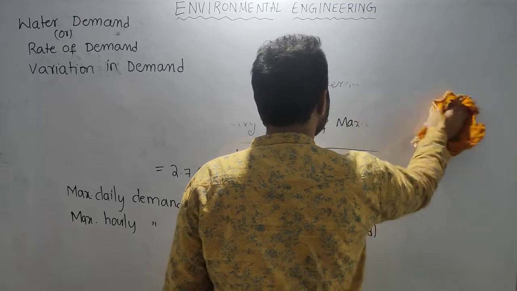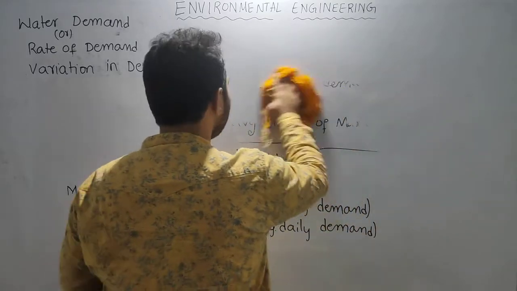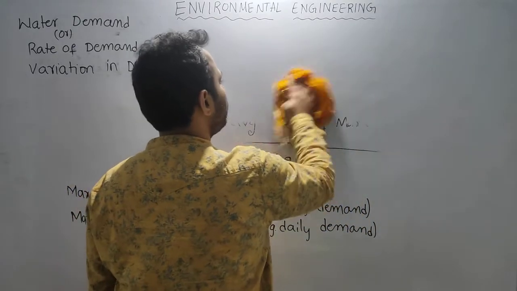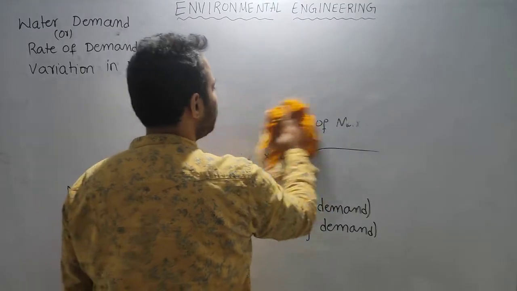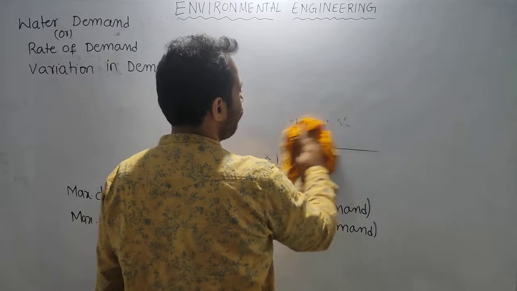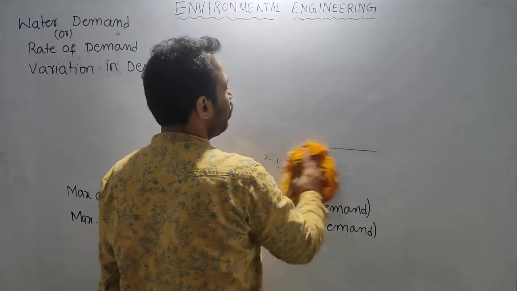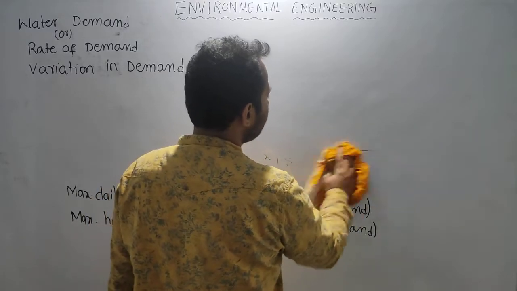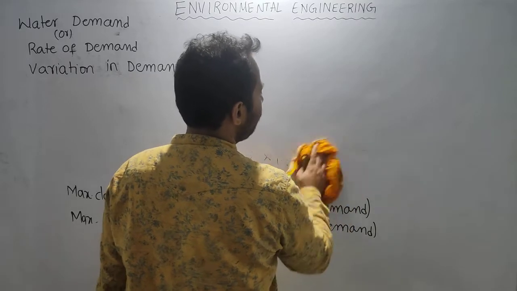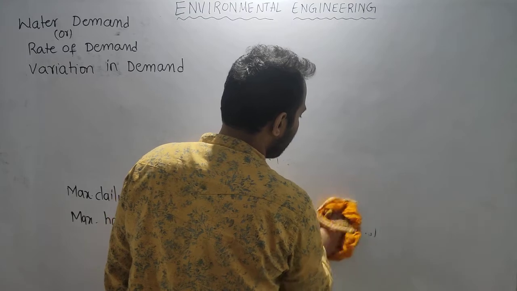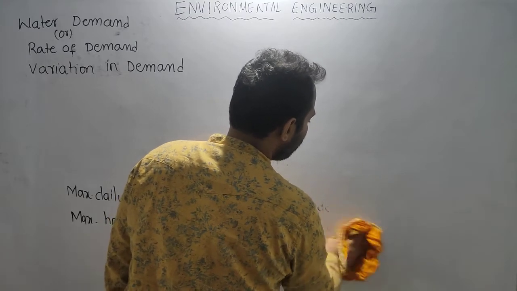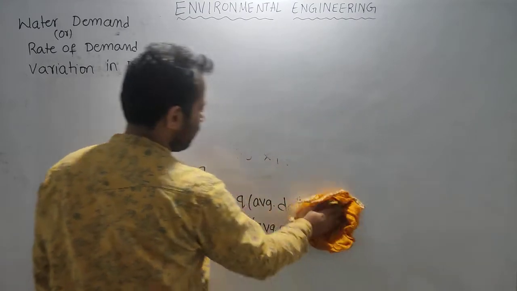Okay. So again there is a term called total draft. Total draft is defined like this: the maximum value of the coincident draft and the maximum hourly demand, because in maximum hourly demand we don't add fire demand separately.